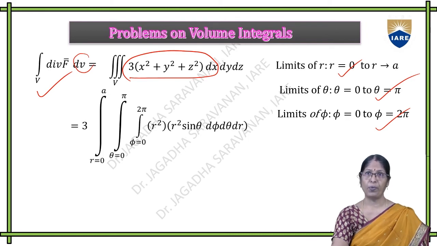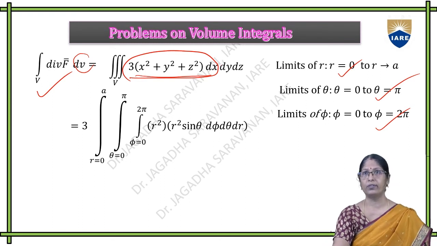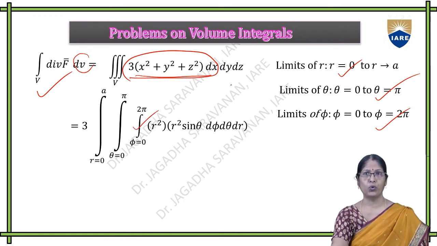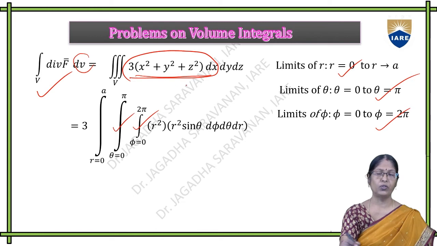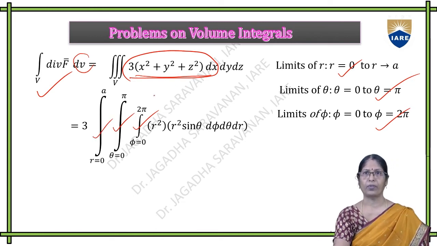Now we convert into r, theta and phi, for which the innermost one, phi, is from 0 to 2 pi, the middle one 0 to pi, and the outer one 0 to a.